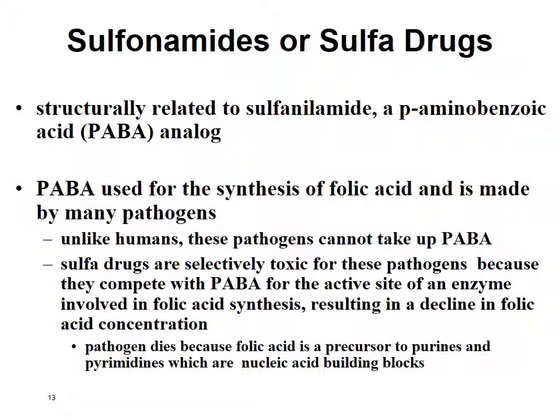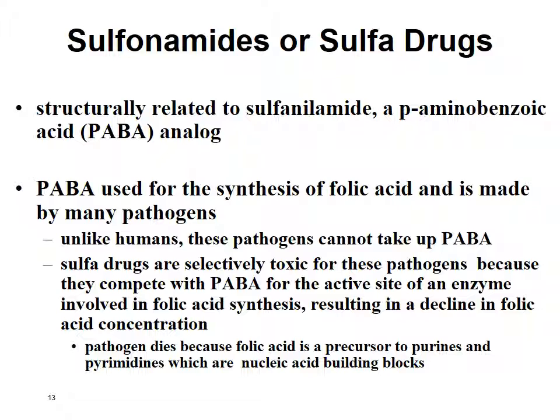Let's look at an example. The first metabolic antagonist to be used successfully as chemotherapeutic agents were the sulfonamides, or sulfur drugs. And the sulfonamides are structurally related to sulfanilamide, which is an analogue of a substance called p-aminobenzoic acid, or simply PABA, P-A-B-A.